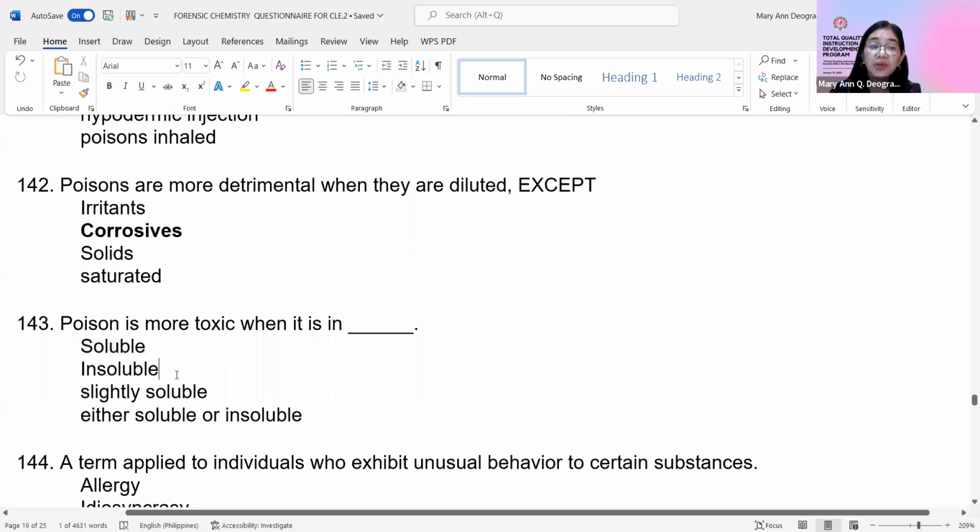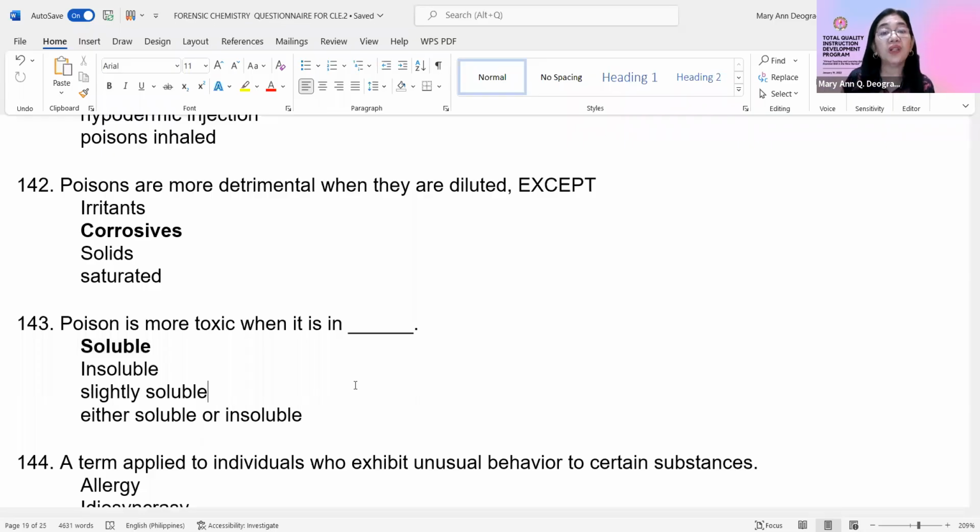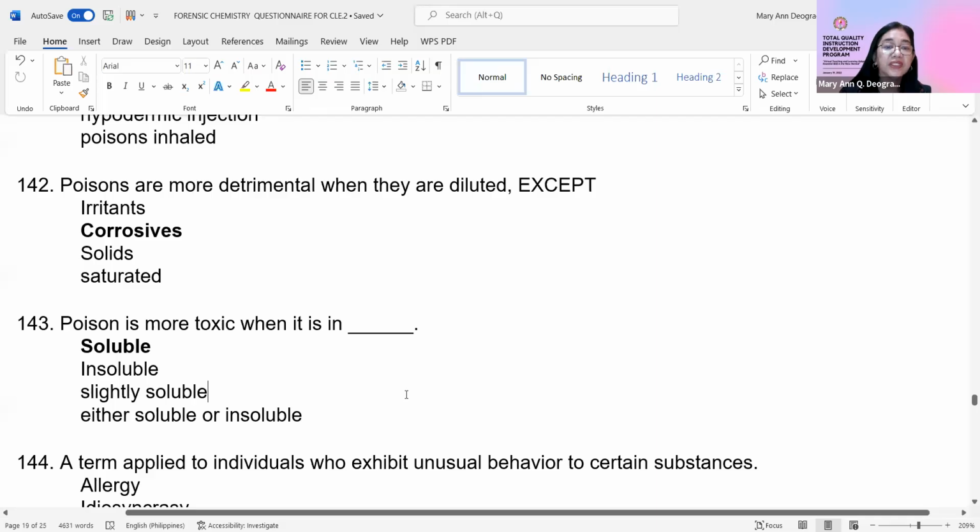Pero kung insoluble ang poison, less detrimental yan. Bakit? Kasi it will just go to our feces. Pupunta na lang sa pupo natin yun, tapos eventually lalabas. Pero pag soluble, i-absorb yan agad ng intestinal walls natin, then eventually through the blood. So, mas delikado pagka madaling matunaw ang poison.